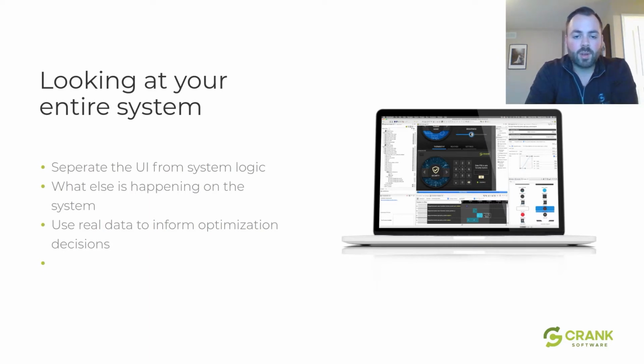And finally, looking at your system as a whole, this is starting to get into more general comments, and it's a bit of an extension of what we've already covered. The UI is part of your entire system, and at some point it's worth examining what's happening as a whole and how your UI fits into the entire picture.